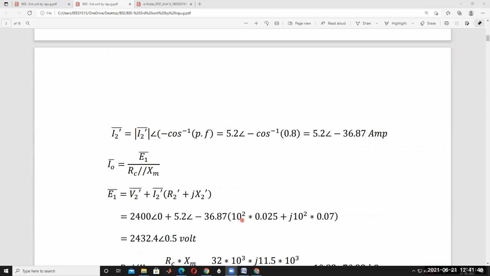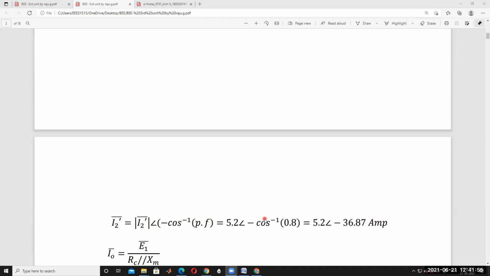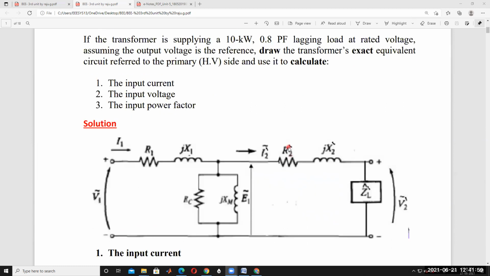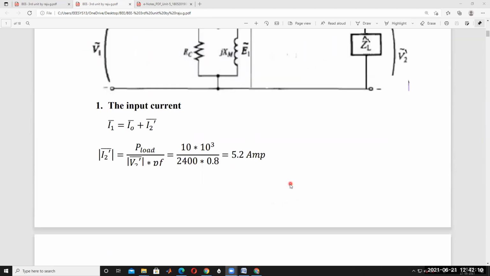If you are using the turns ratio, that is N1 by N2, you multiply the turns ratio squared into the resistance. R2 dash is equal to A square into R2. But with the transformation ratio, R2 dash is equal to R2 by K square. K is nothing but 1 by 10, so you will get the same answer.